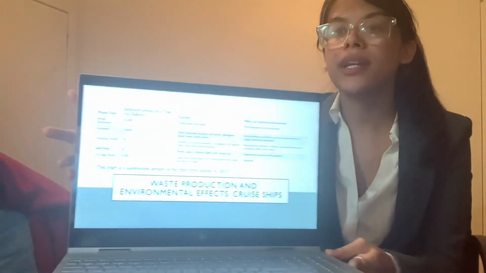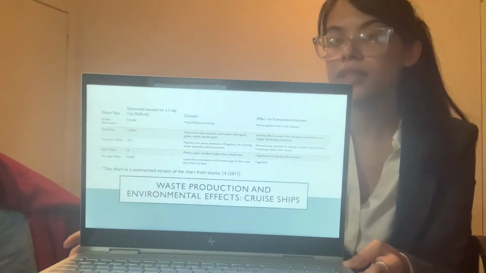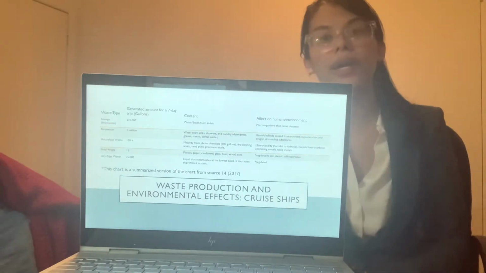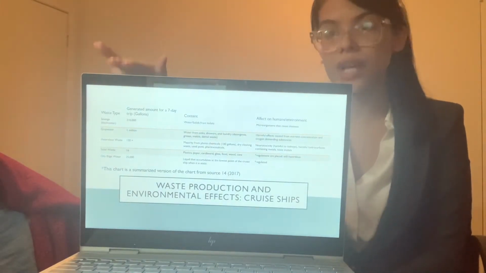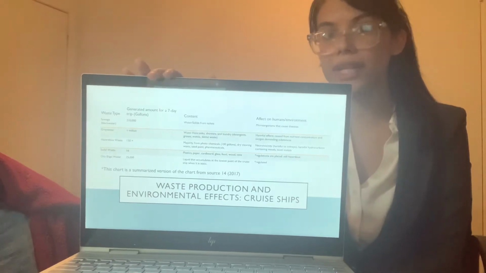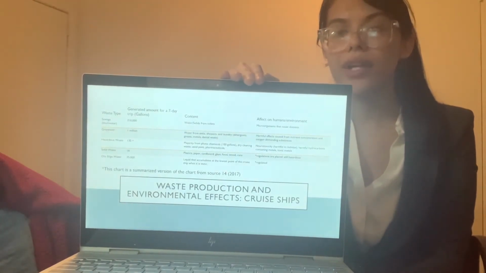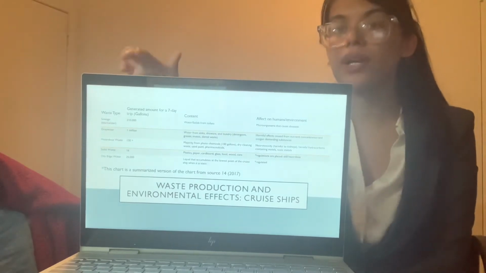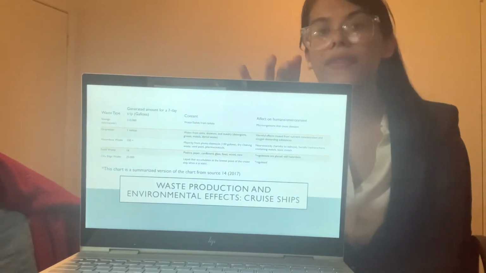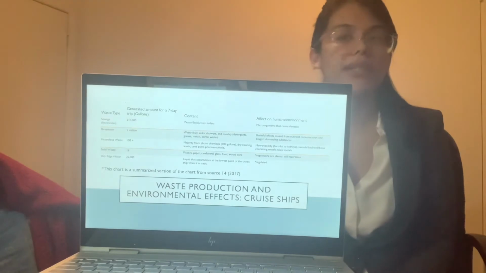Here I have a table showing the type of waste produced, the amount in gallons, the contents of the different types of waste, and the environmental effects.